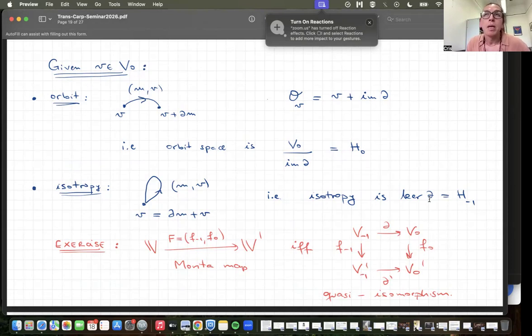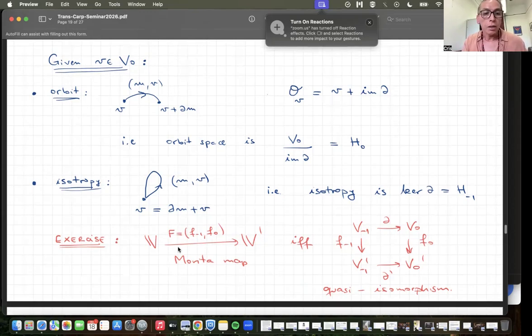Okay. So now, if we want to identify two-vector spaces with the same transverse geometry, this is related to identifying two-term complexes with the same cohomology. And the exercise here is that a map between two-vector spaces is a Morita map if and only if the corresponding cochain map between two-term complexes is a quasi-isomorphism.